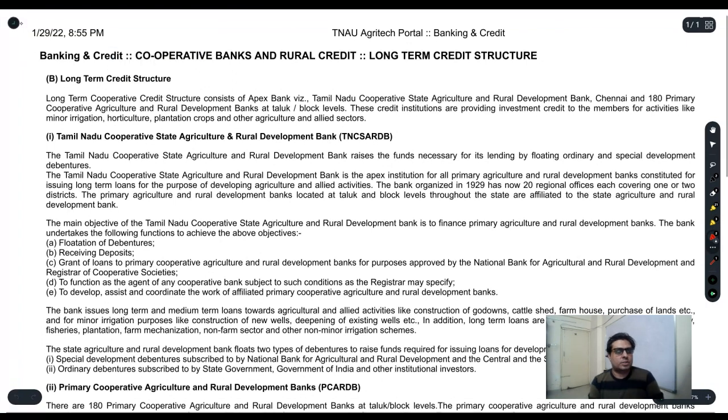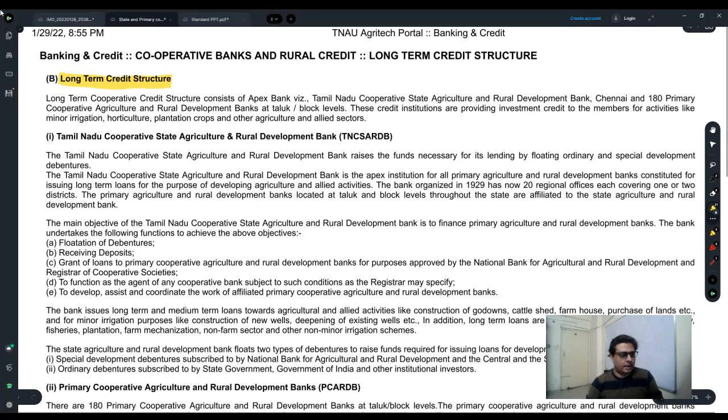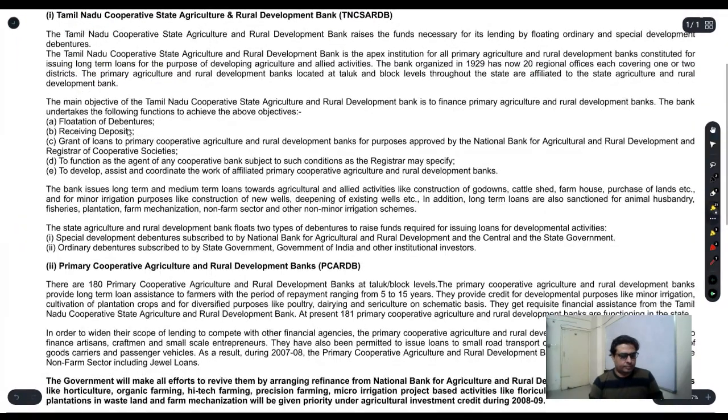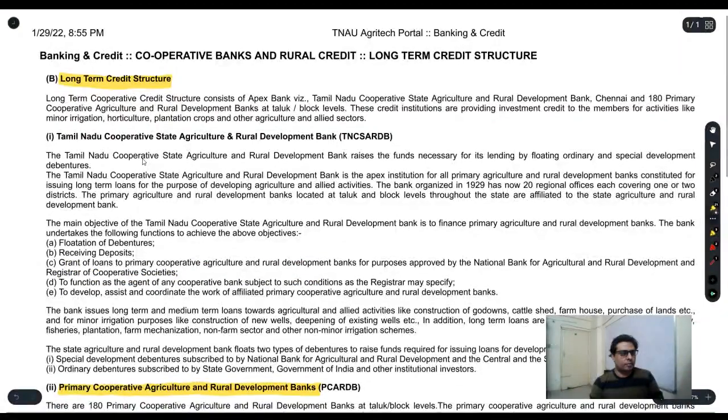This is the structure of the state of Tamil Nadu, right? And you can see the long-term credit structure, and then they have short term in terms of primary cooperative agriculture and rural development bank, and for the longer run they have the state agricultural rural development bank, right?